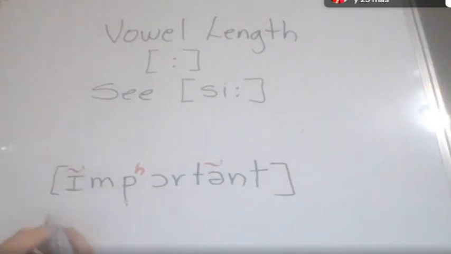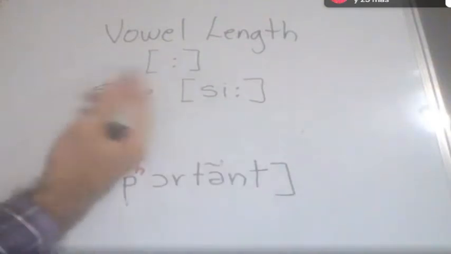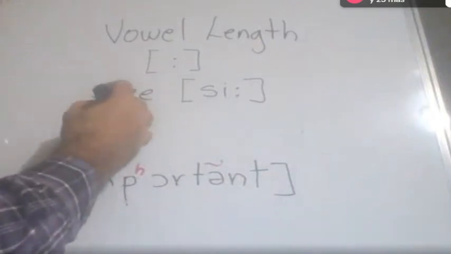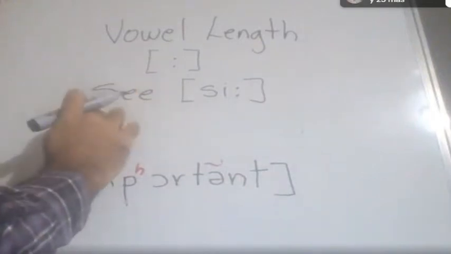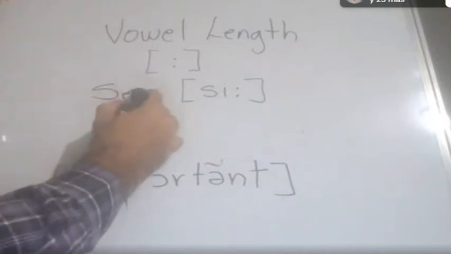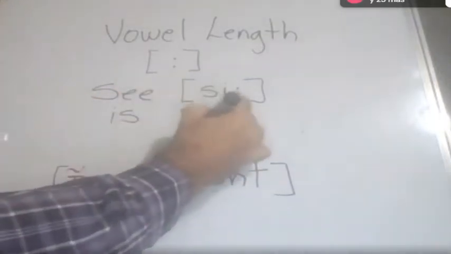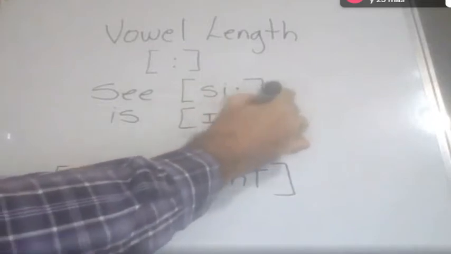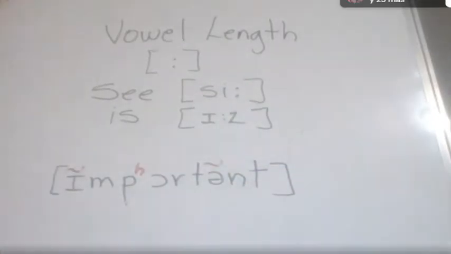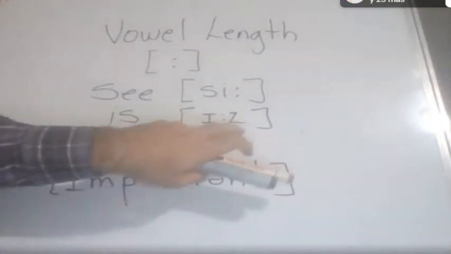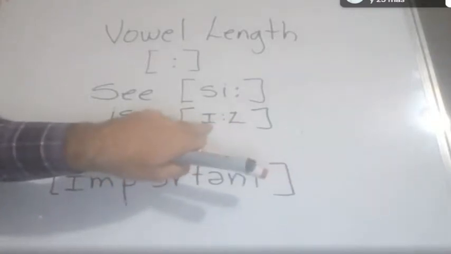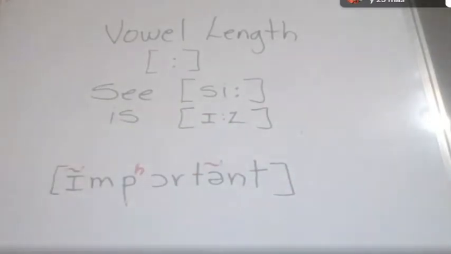And then also before a voiced sound, I can say, for example, is. Okay? The reason why the vowel becomes longer here is because the voicing of the next consonant makes the voicing of the first vowel longer. So it kind of gets attached together.